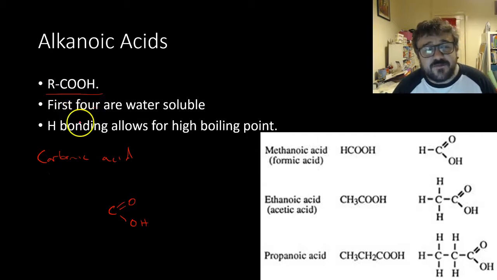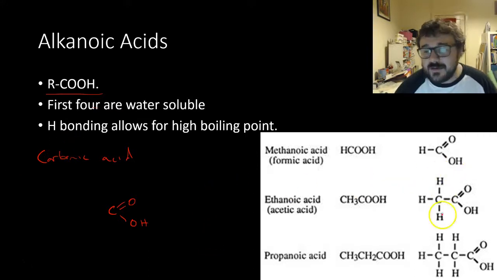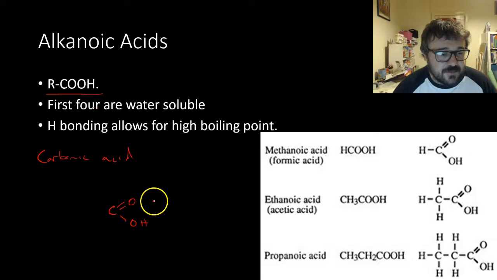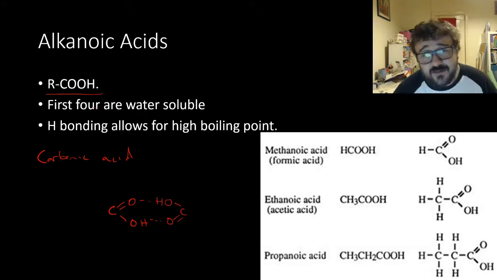The first 4 are water soluble, but after that they become insoluble. The hydrogen bonding, which would go on, for example, if we had another one of these, would allow for quite strong hydrogen bonding, because there's 2 there for each one, and this gives us quite a high boiling point.